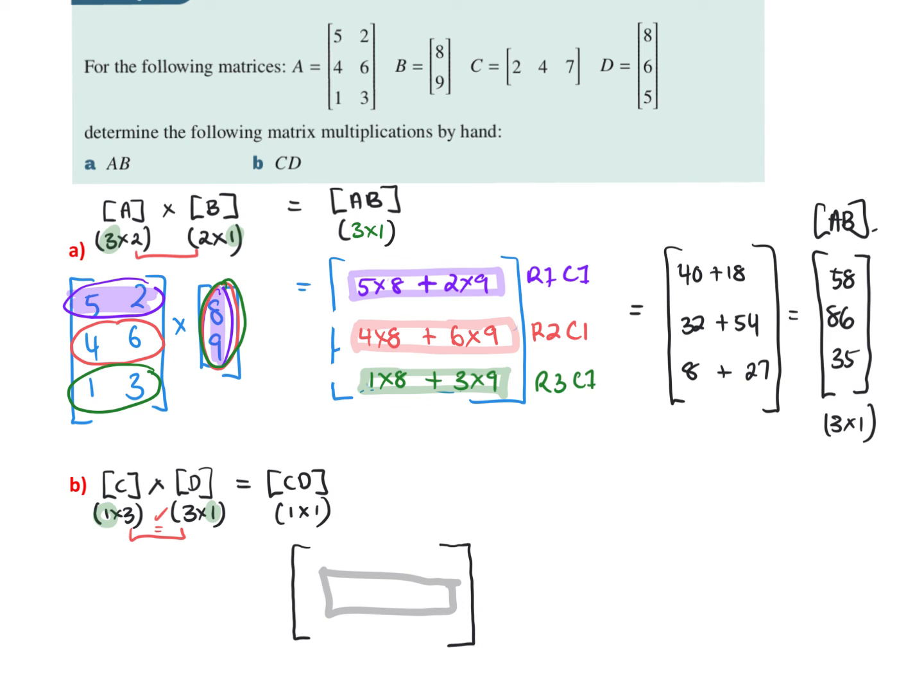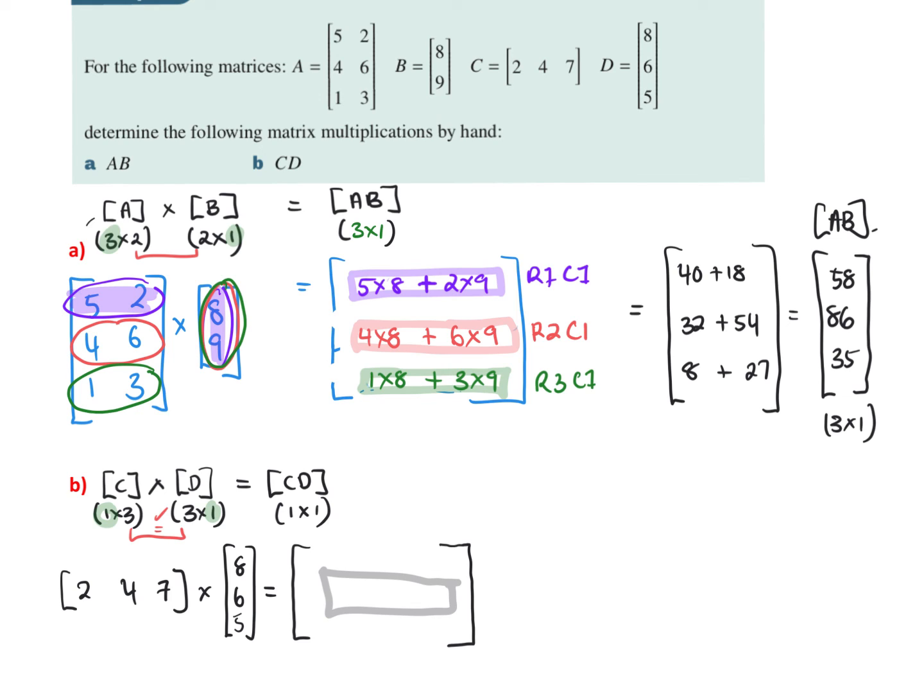So let's write out our two matrices. So I've got C, which is 2, 4, and 7. Sorry, that's probably a little bit squashed together. And we're going to multiply it with D, which is 8, 6, and 5. All right. So let's have a look.